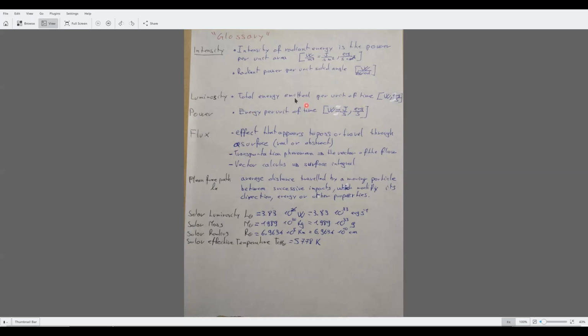Power is the energy per unit of time. Here I'm putting the measurement unit both in the international system, so power is watt, joule per second, and also in the CGS system that is quite used in astrophysics, where it is erg per second.